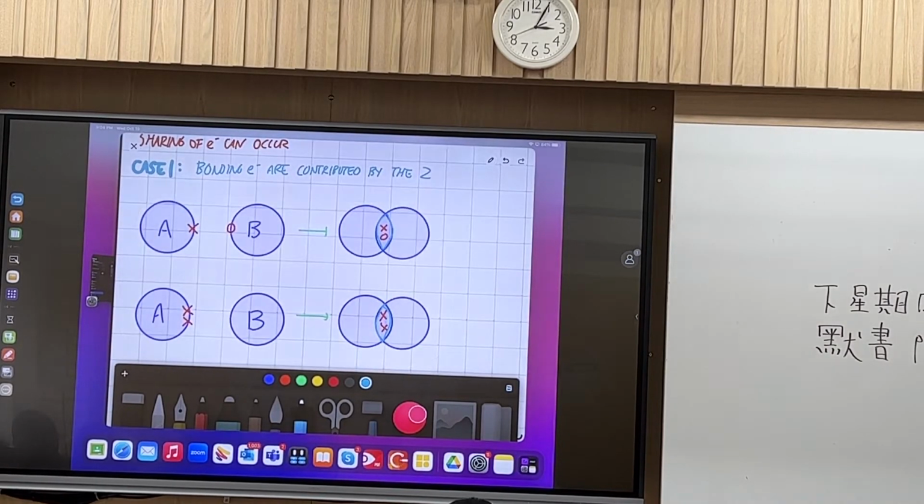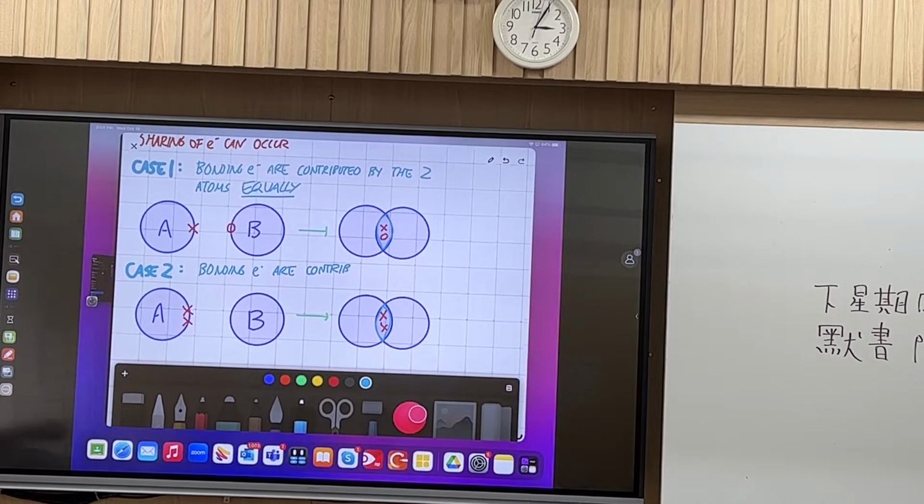Underline the word equally. In case 2, both of the bonding electrons are contributed by just one of the bonding atoms only.